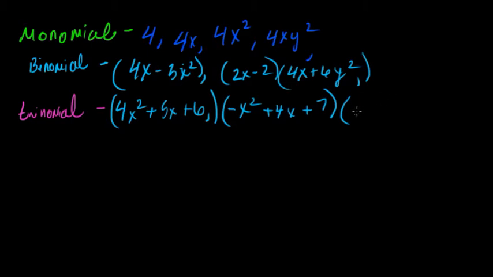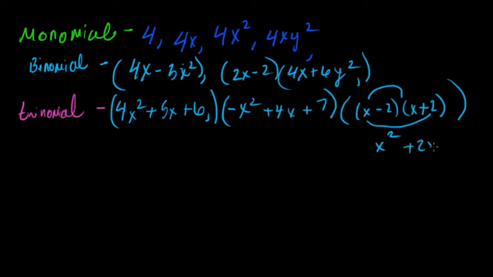Let's look at one more example of a trinomial. Let's say we have x minus 2 times x plus 2. Actually these are 2 binomials, but it's the product of 2 binomials. The product of 2 binomials can turn into a trinomial, because if we FOIL this out, first times first gives us x squared, then the outer terms give us plus 2x, and then the inner terms give us minus 2x.